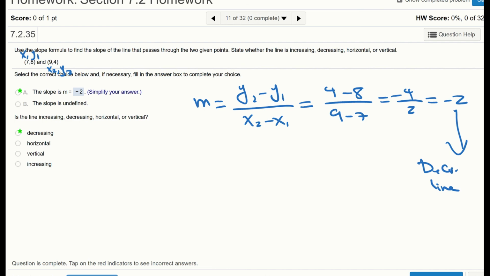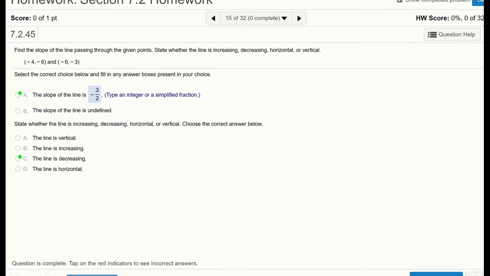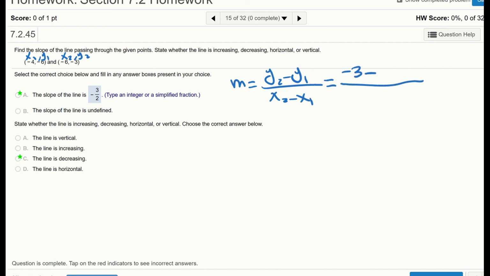All right, so when you have all negatives, just be slightly careful. It's very easy, just like any other, but just be a little bit more careful, okay? So here we have x1, y1. Okay, we shouldn't cover the original problem. And this one will be x2, y2. So our slope is going to be just like before, y2 minus y1 over x2 minus x1. So we get -3 minus quantity -6.